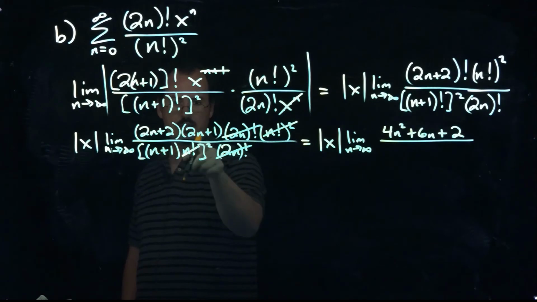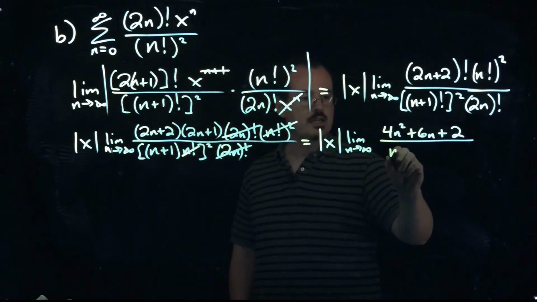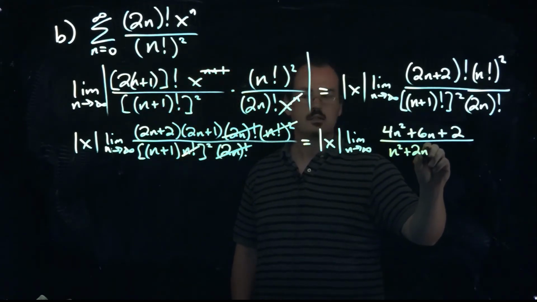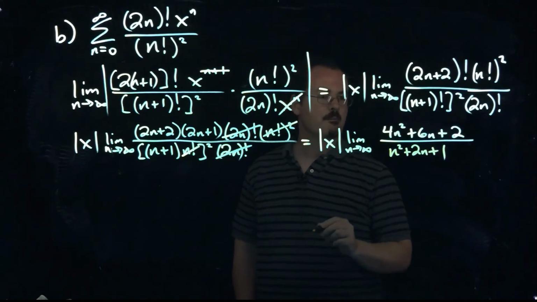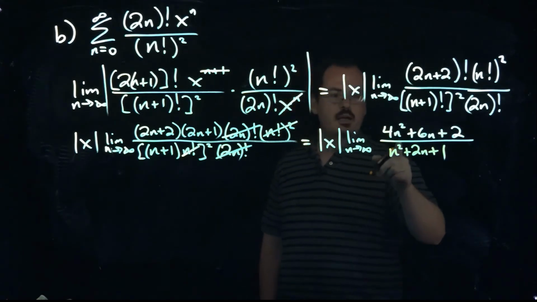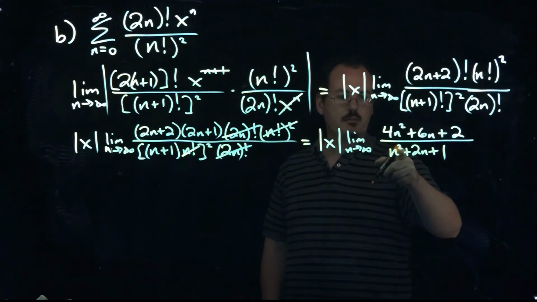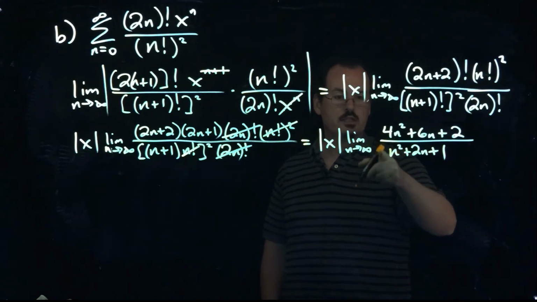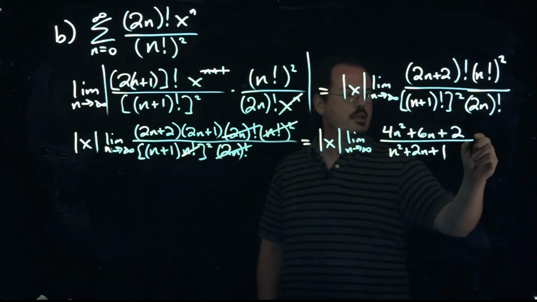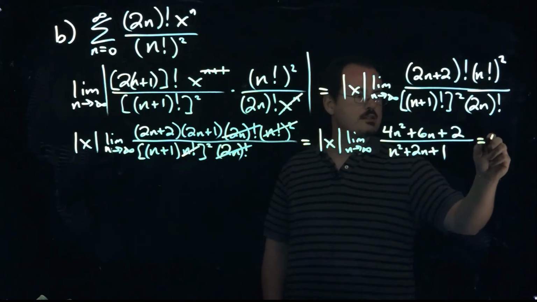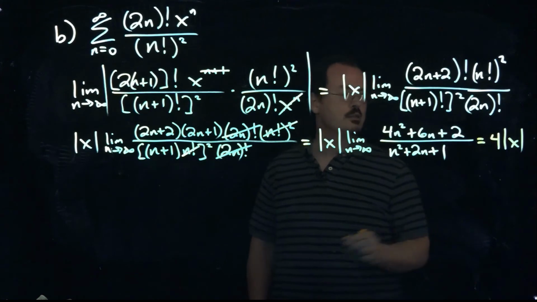We're left with that n plus 1, but it is also squared, so if I square that, I get n squared plus 2n plus 1. Comparing degrees, they are the same, and so the ratio of the leading coefficients is 4 over 1. So the limit is 4 in this case. And including the absolute value of x there, we've got that for our limit.